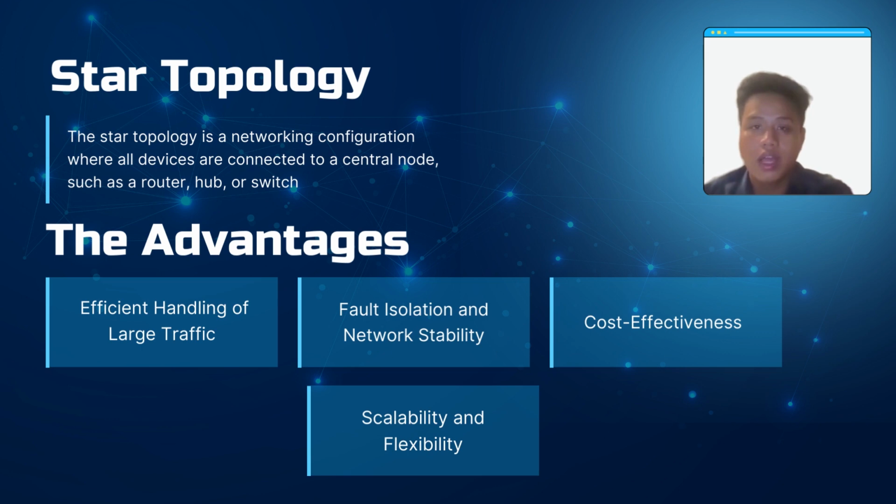This fault isolation ensures that company operation in each room can continue without disruption, even if a device failure occurs. It enhances network stability and minimizes downtime, promoting productivity within the organization.